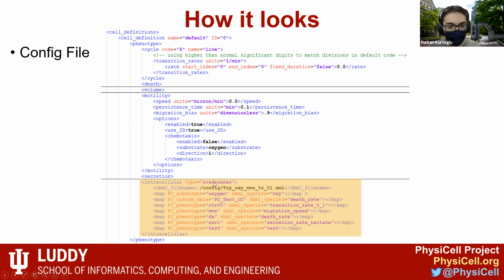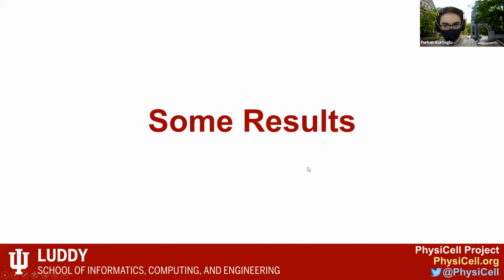If it is PhysiFBA, it's PhysiFBA, I believe, and if it is PhysiBoSS, it's PhysiBoSS. Then we give the SBML name, so each cell has a specific SBML. This default cell has this long SBML. SBML is stored in XML, by the way. Then there is a mapping that I will explain later. So this is how it looks.